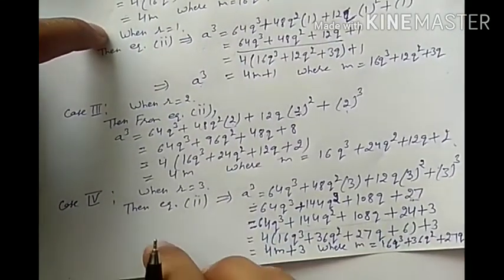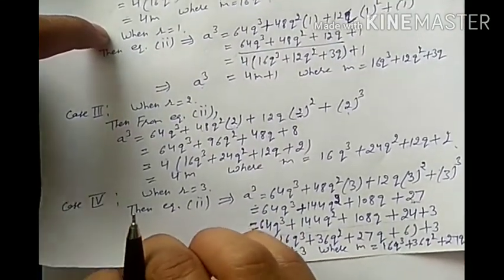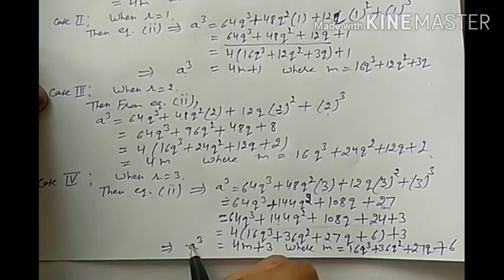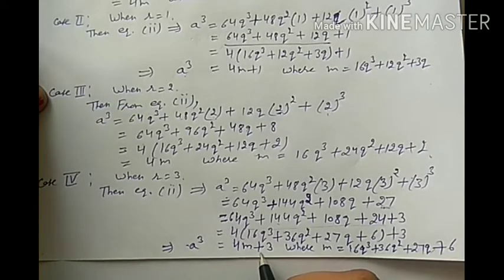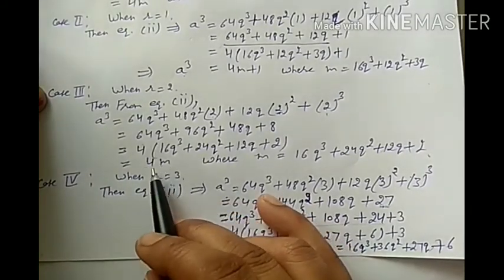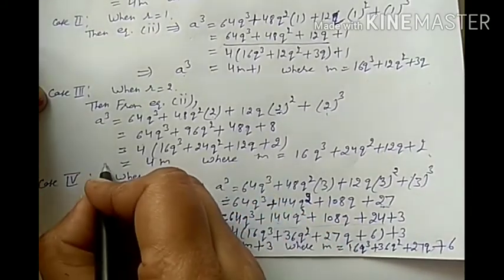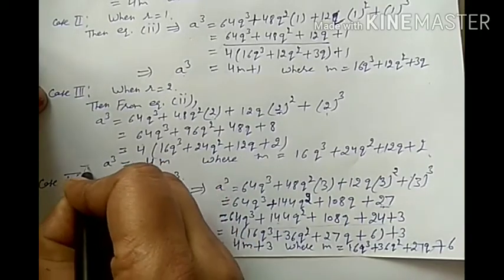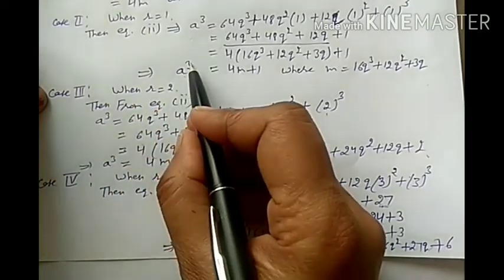Means cube of our positive integer a is in the form of 4m plus 3, where m is equal to this, or in the form of 4m, a cube is equal to 4m.